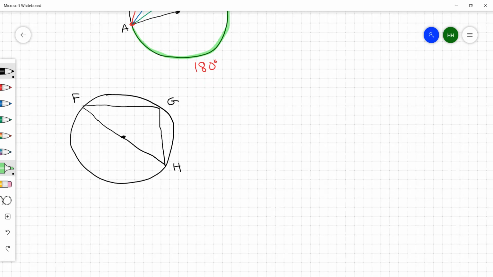We got this picture going on right here. We got angle F is equal to 4x plus 2. We got angle H equal to 9x minus 3. And what do we got to do? We got to find the measure of angle F and angle H.